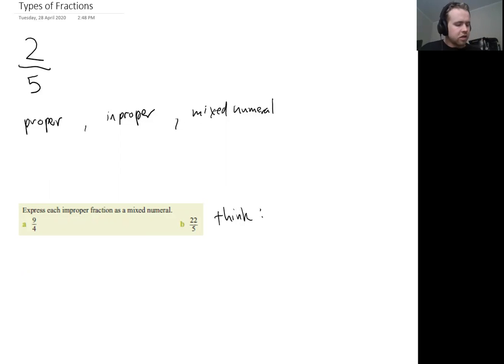So the first thing that we're going to learn, and today's lesson is going to be about types of fractions. What are the different forms fractions can take, and how can we convert between those types? So firstly, we need to know the words we use to describe the parts of a fraction.